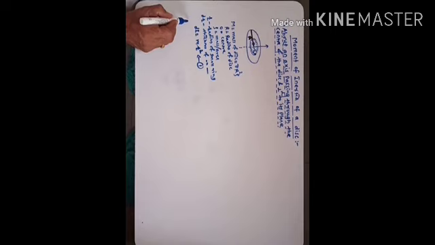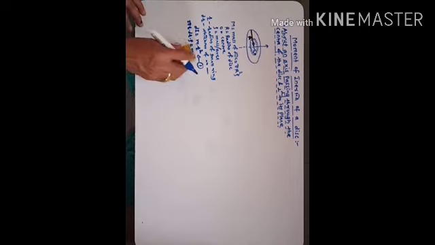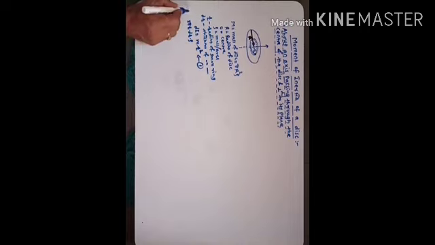Small r is the radius of the ring, so I write 2 pi r, this is the circumference of the ring, into dr, this is the area of the ring, into rho, this is the areal density, which is equal to m. That means small m, the mass of the imagined ring, is equal to 2 pi r dr into rho.